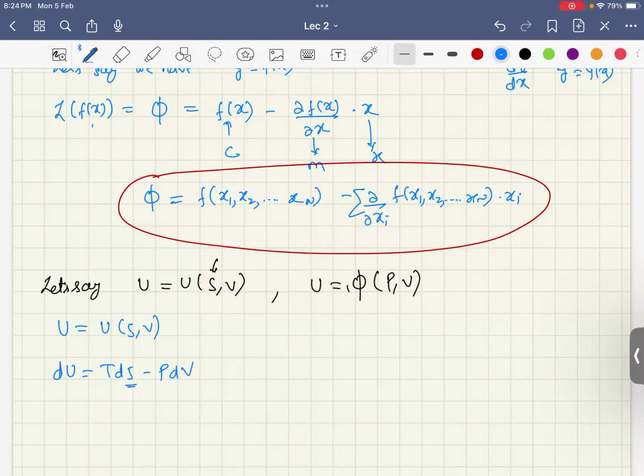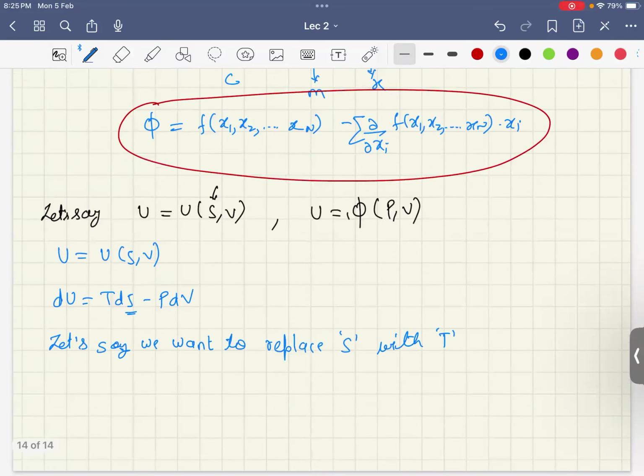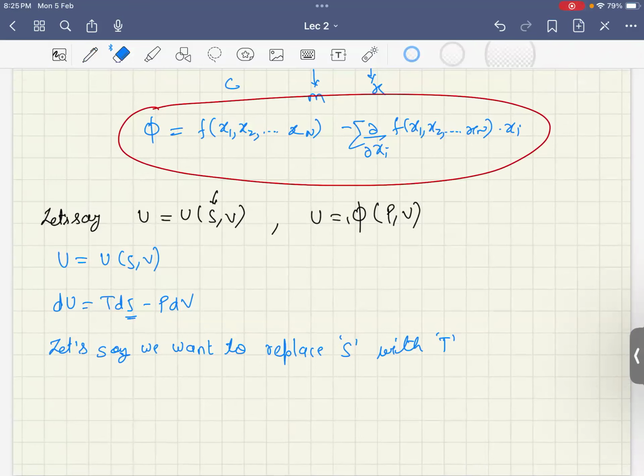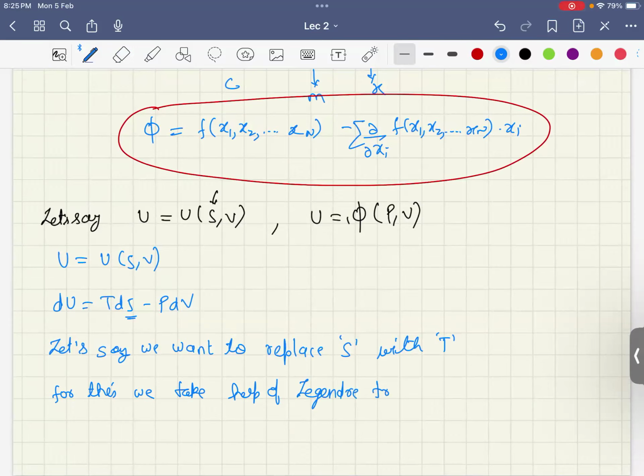Let's say we want to replace S with T. So for this we take help of Legendre transform.